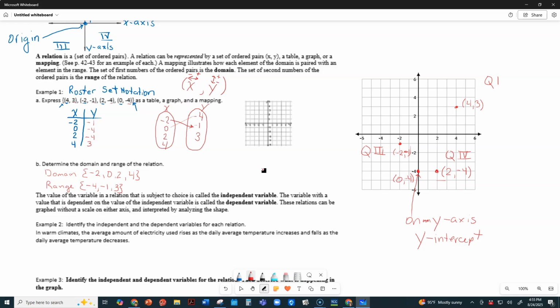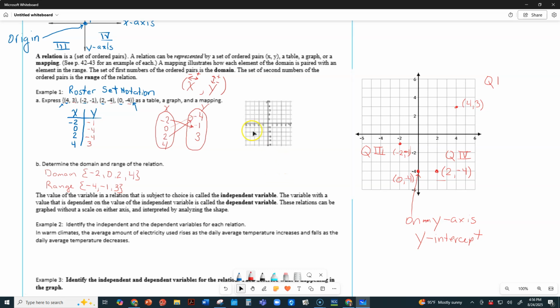Ooh, and my line automatically changed to a straight line. That was nice. The next one is +2, and we're going to see that +2 maps to -4. So we're going to draw an arrow from +2, and we're going to point it at -4.